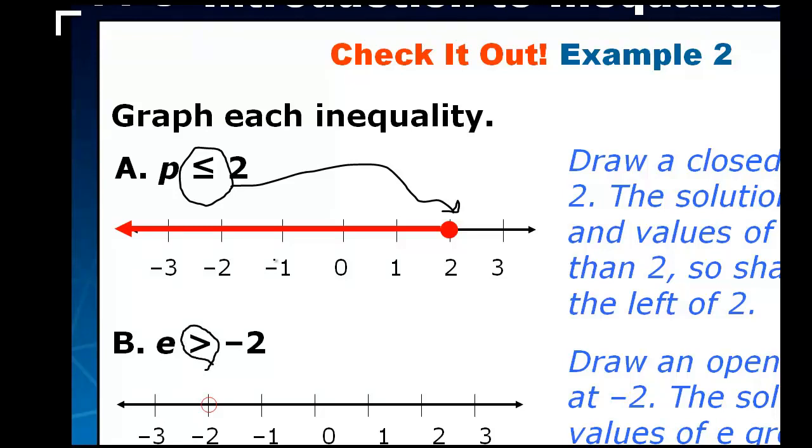And bigger than means we will go to the right. We will shade all the numbers going to the right. So -2 is not a solution, and all the numbers greater than -2 are solutions.